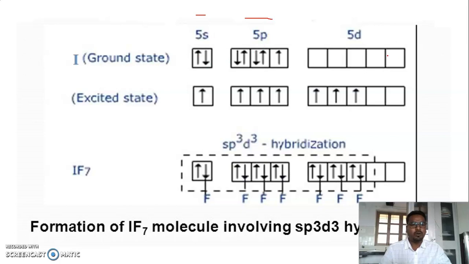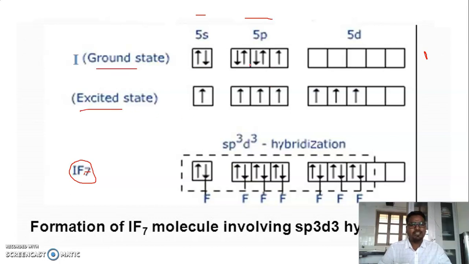It has only one unpaired electron in the ground state, and here this iodine has to combine with 7 fluorine. That is why 7 partially filled orbitals are required. So this is the configuration in the ground state.